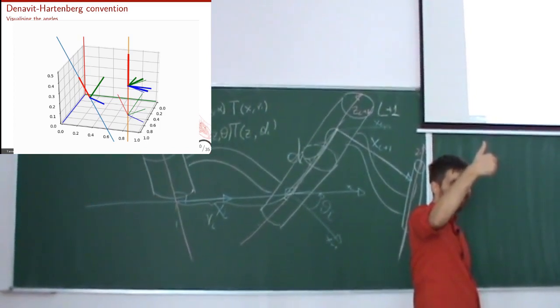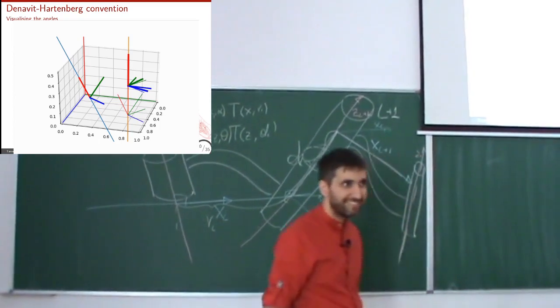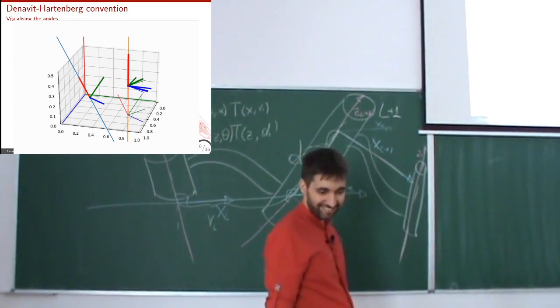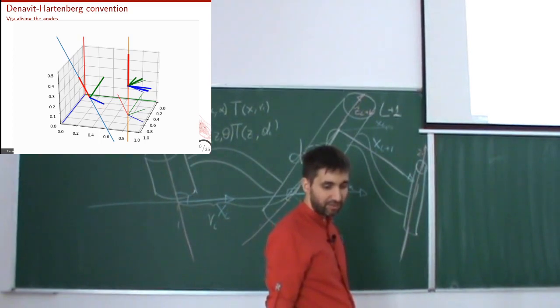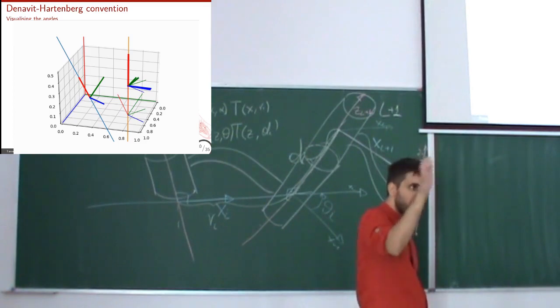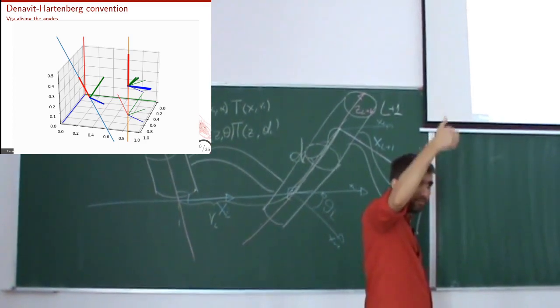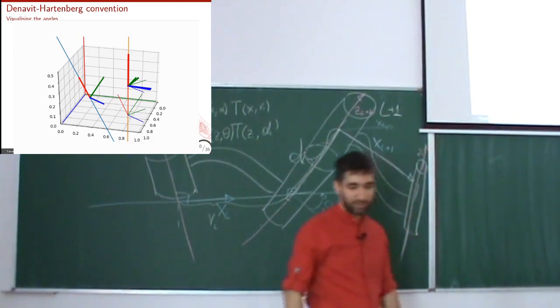Is it positive or negative? So I start from here, rotate towards that direction. So it's a positive rotation because my thumb points to the positive direction. Don't let me fool you.